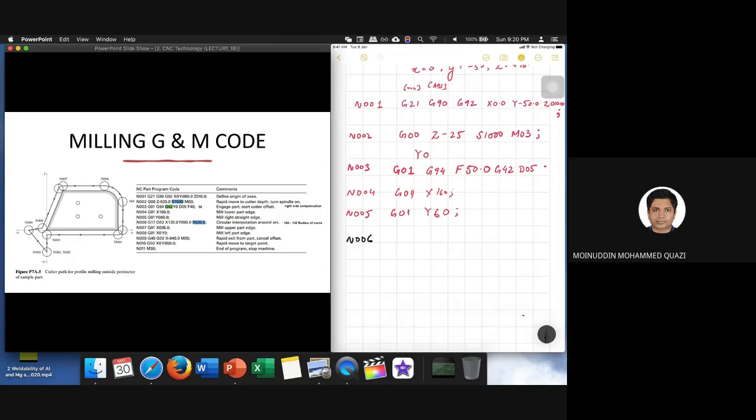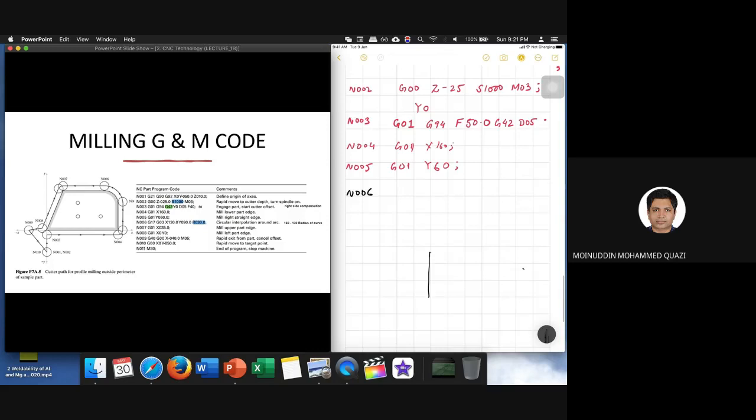What is G17? Go to the table. G17 is XY plane milling. Whenever you're specifying milling for circular interpolation, you have to specify the plane. So this is the XY plane.